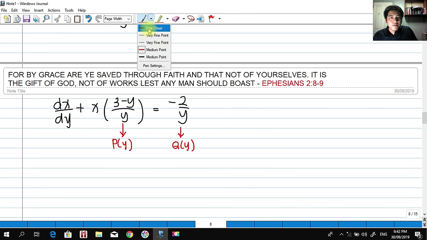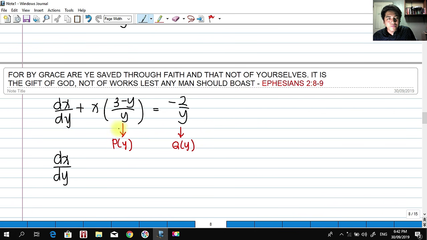And furthermore, I'm going to rearrange this so that it's easier for us to integrate, because remember, we're going to integrate this: e raised to the integral of p of y dy. So plus x, if I simplify this, that is 3 over y minus y over y, equal to negative 2 over y.